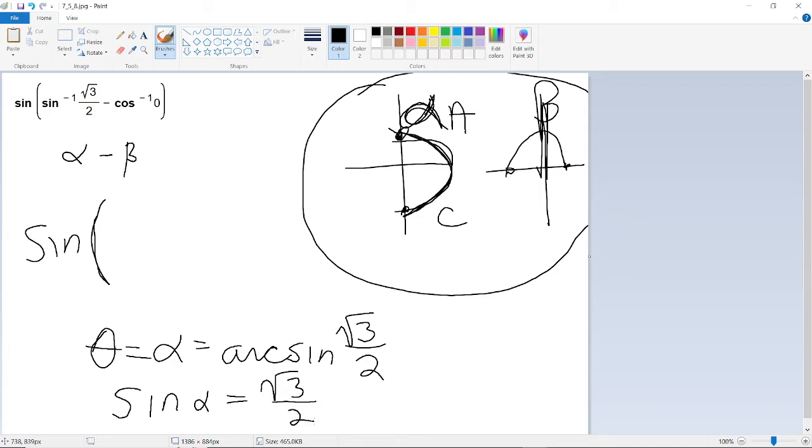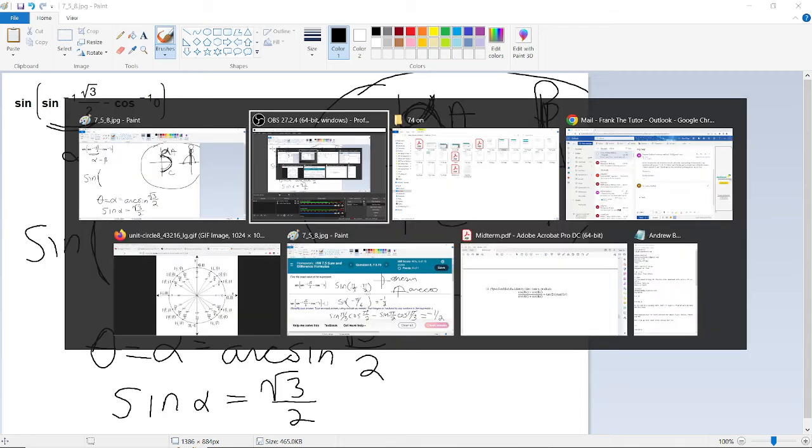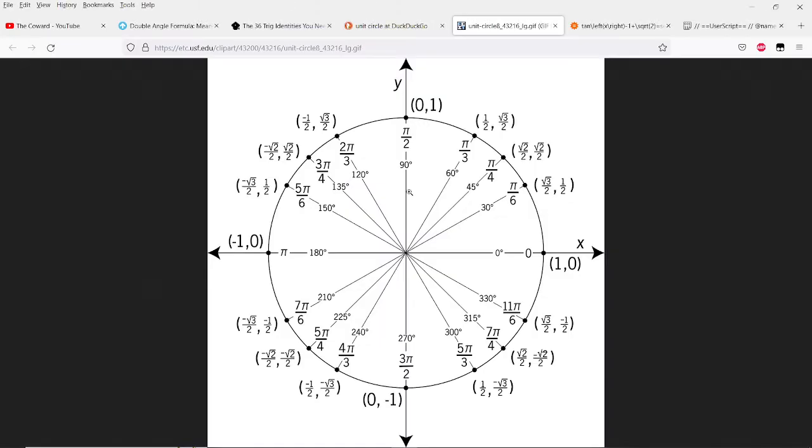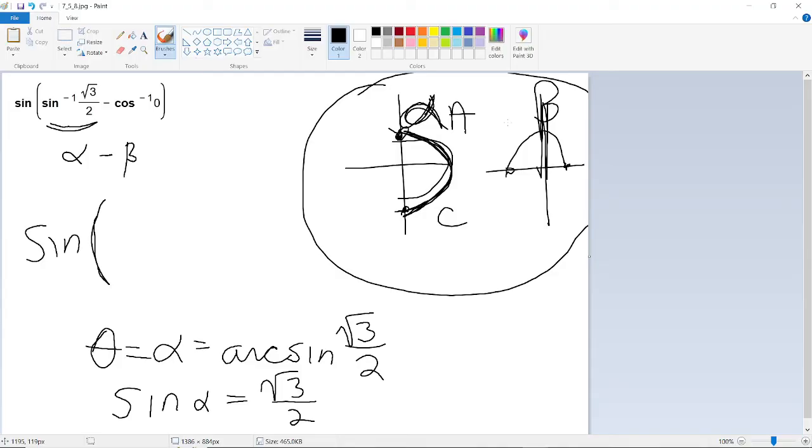You can write it out, or you can just look at it up here and say, all right, I want some angle that has a sine of square root of 3 over 2. Because of the domain of arcsine, we know that's in the first quadrant. Now I don't remember, so let's look at the unit circle. Square root of 3 over 2 is pi over 3. So the first angle, alpha, is pi over 3.